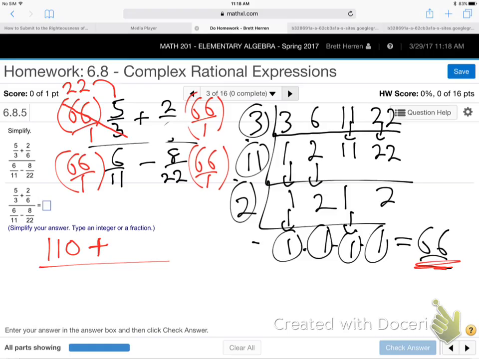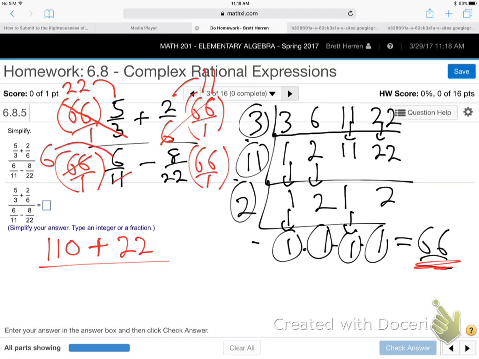6 goes into 66 11 times. Multiply the leftovers. 2 times 11, 22. So far, so good. And then 11 goes into 66 6 times.